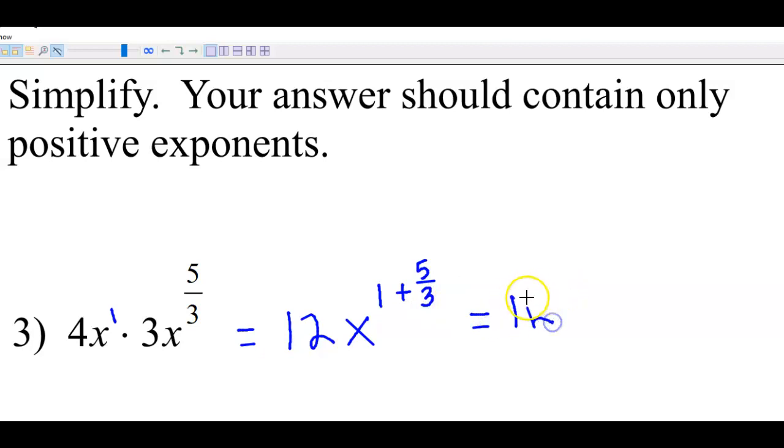So that would be equal to, remember I need to think of this 1 as 1 over 1. I need to multiply by 3 over 3 in order to get that common denominator. Wow, my 12 is lovely. So this would be 12x, and we got 3/3 plus 5/3 as our exponent.